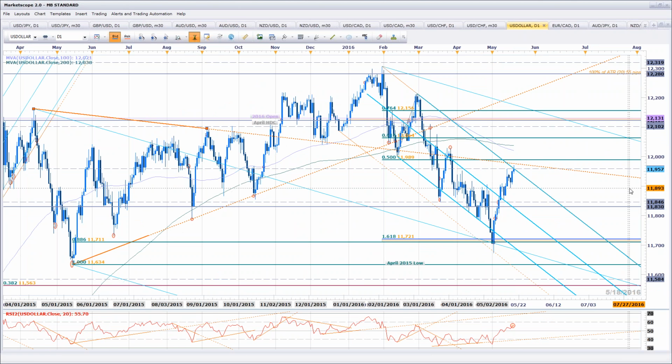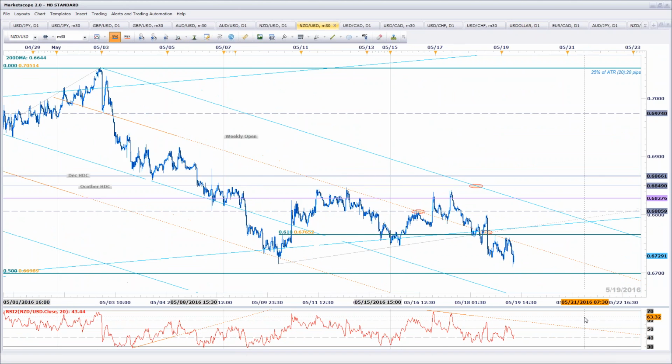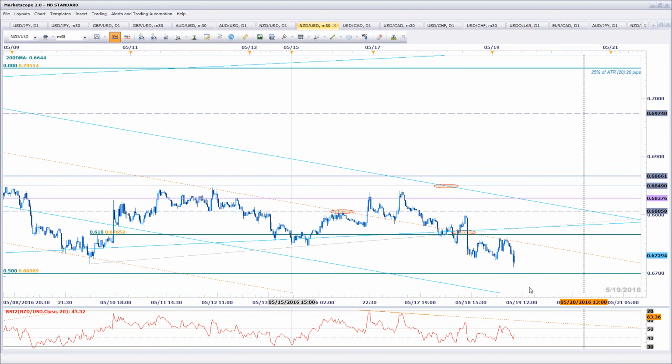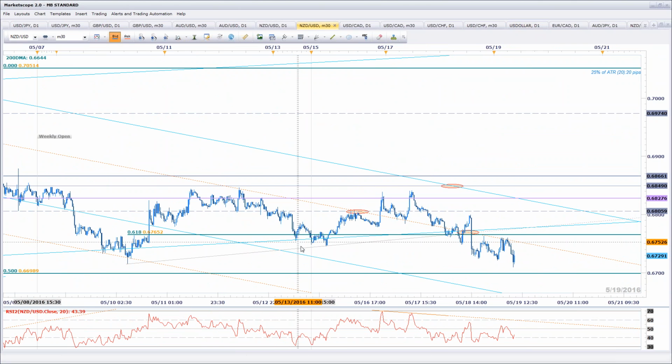Okay, so we covered euro, sterling, sterling yen. Just want to touch real quick on Kiwi. Here's what the 30-minute looks like there. The only thing I wanted to highlight here is it looks to me like it's trying to break the weekly opening range low. So here's your weekly open.